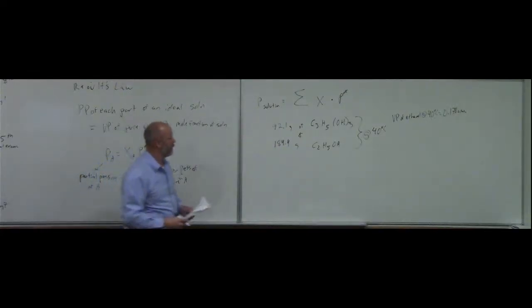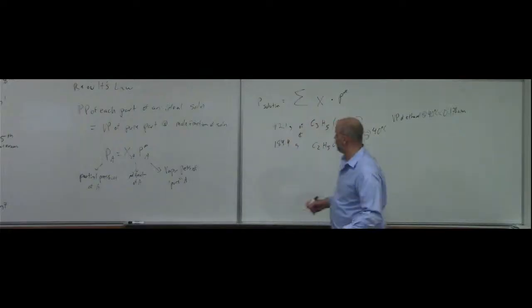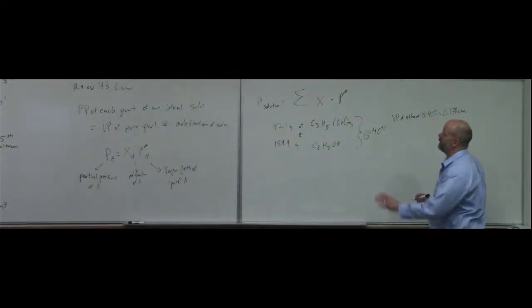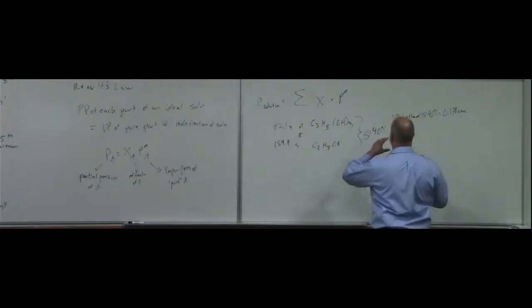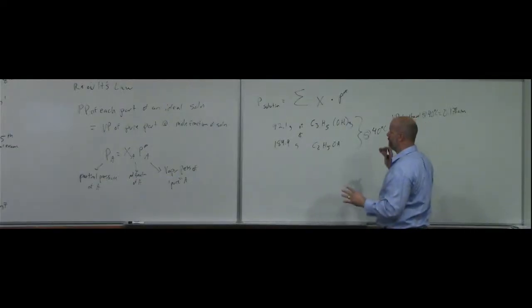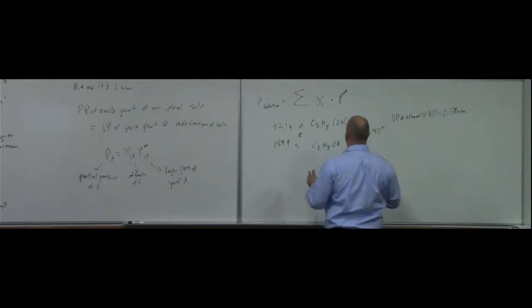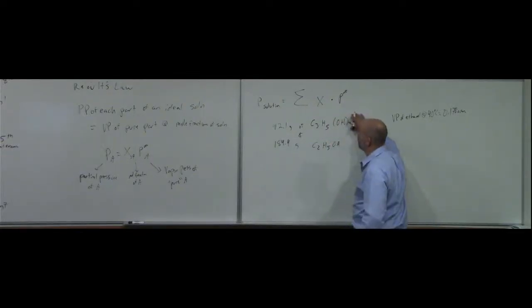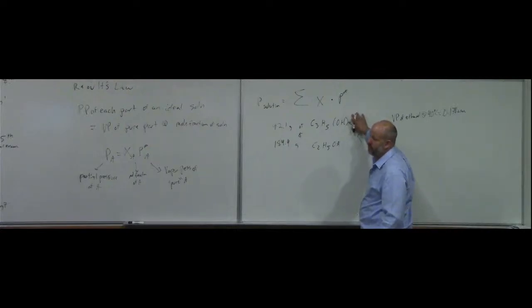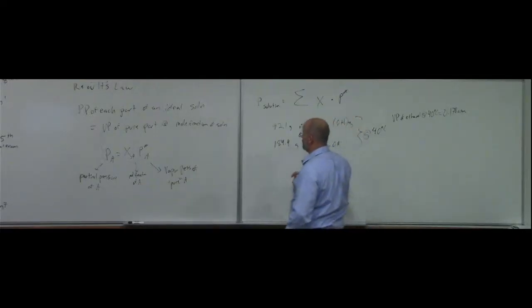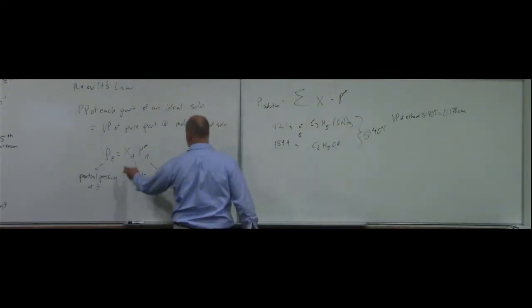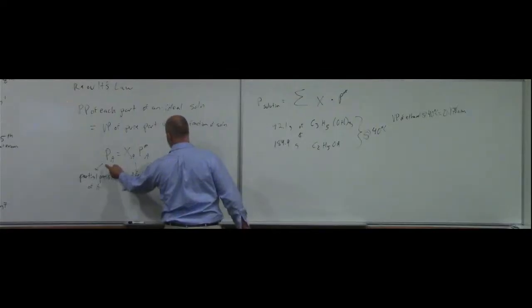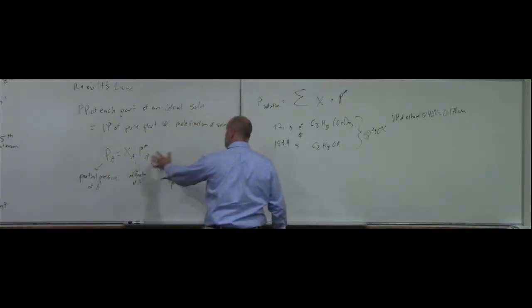Okay, so what are we trying to do here? We're going to use this stuff to calculate the new vapor pressure, right? This glycerin, or glycerol, matters because it's going to affect my mole ratio, but it does not contribute to my pressure at all. So I'm looking for this, which is going to be due exclusively to this.